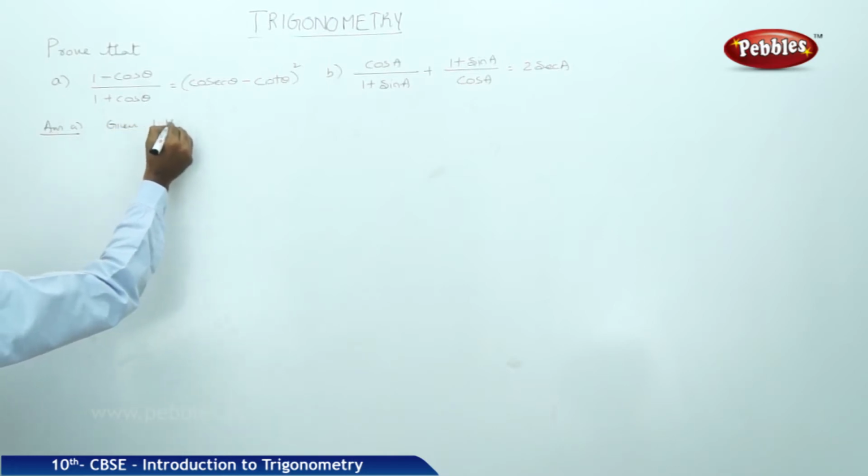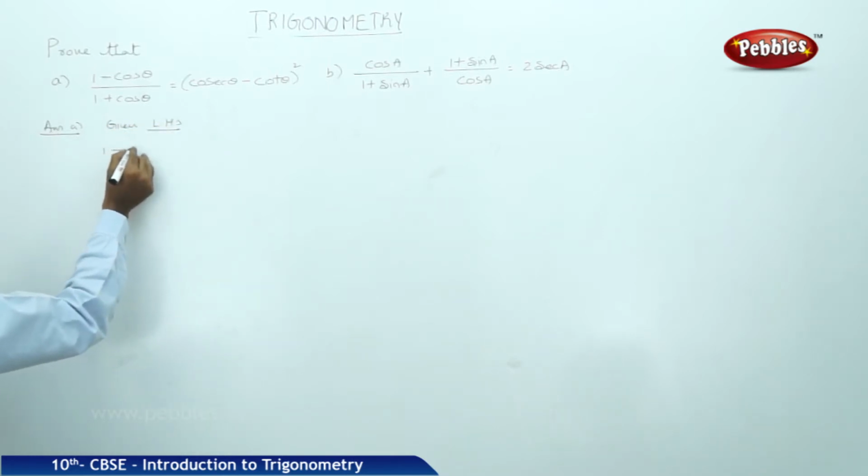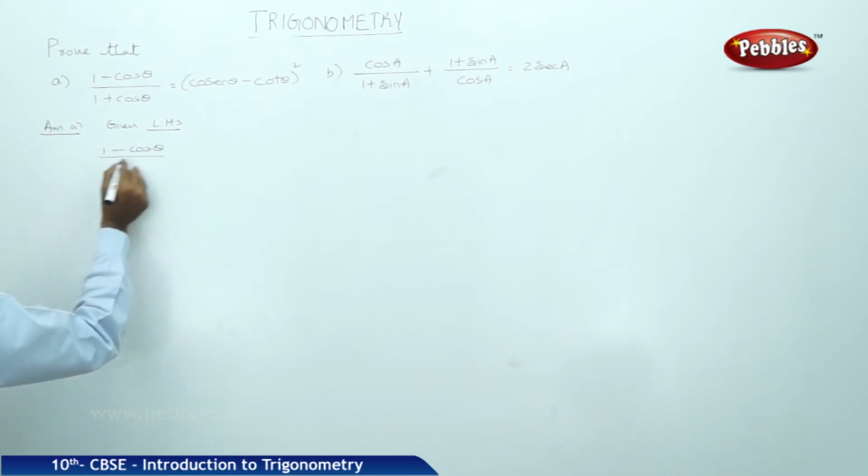Given LHS, 1 minus cos theta by 1 plus cos theta.